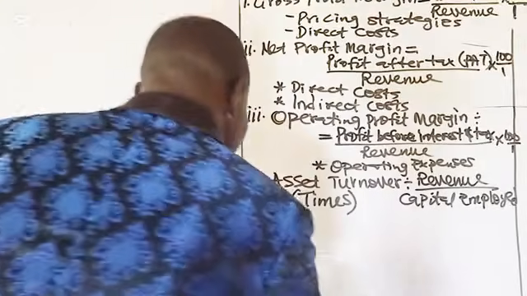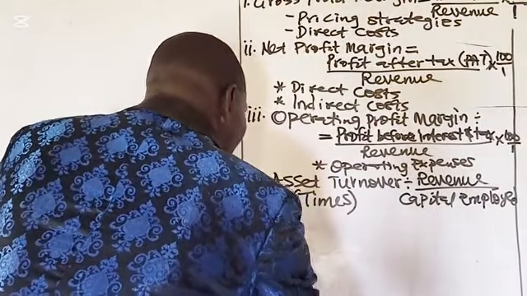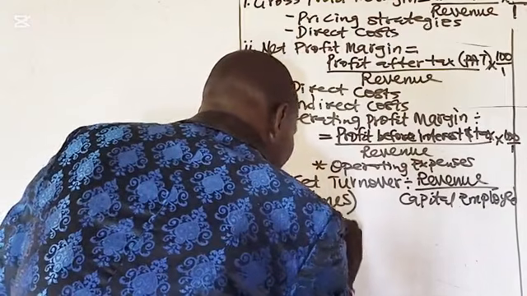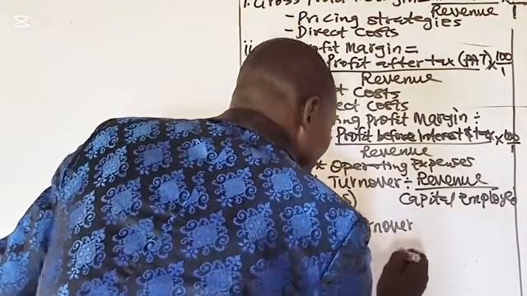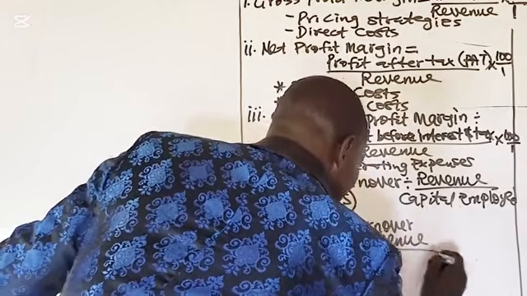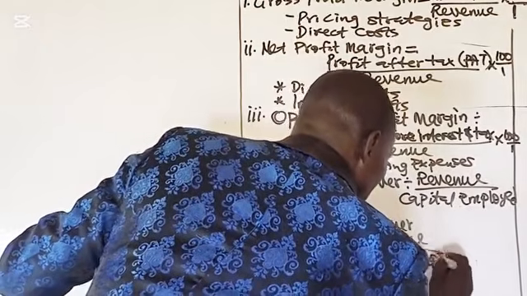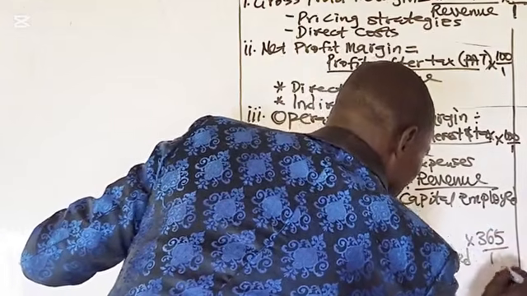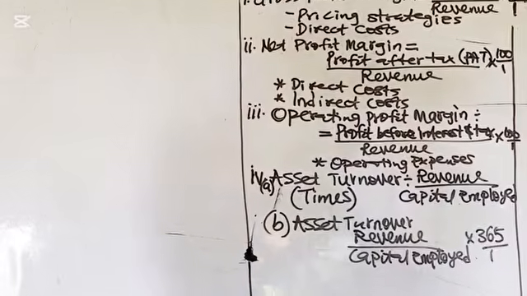But if you want to compute it in days, you have asset turnover, let me label this as B, that will be revenue over capital employed times 365 days. So that is assets turnover.